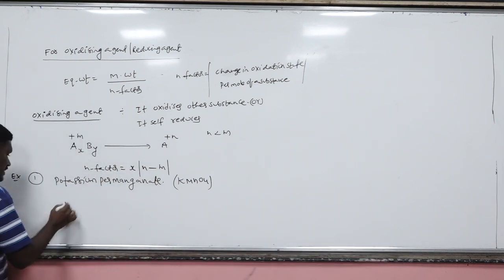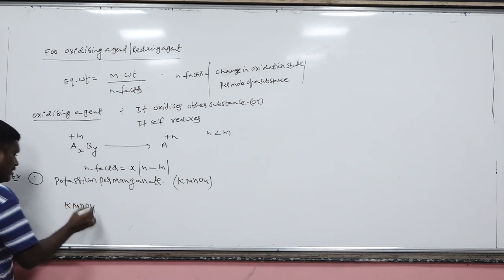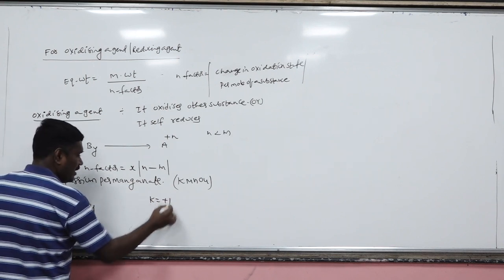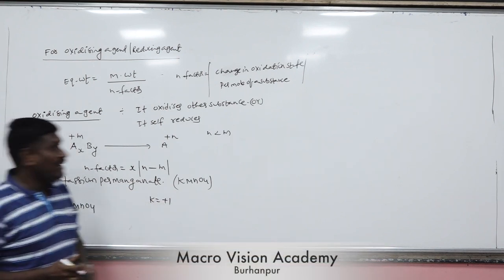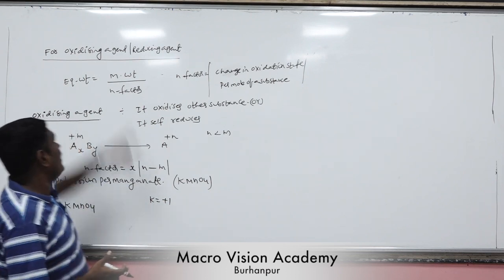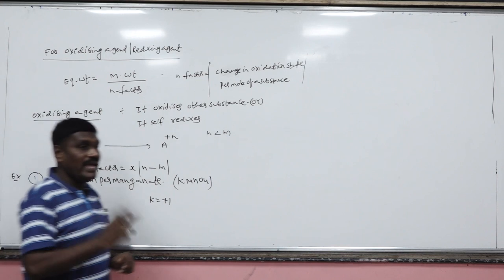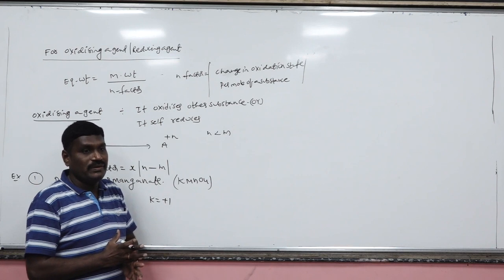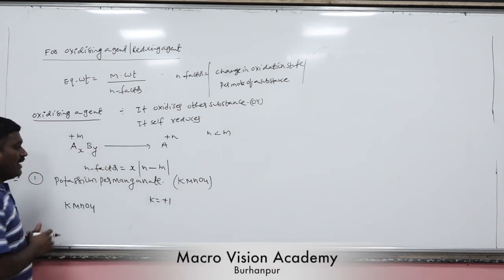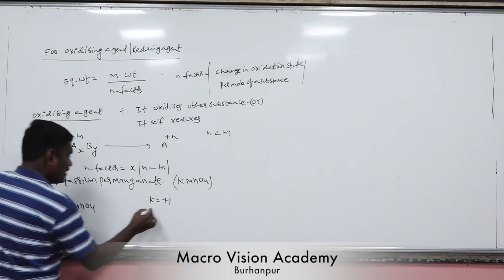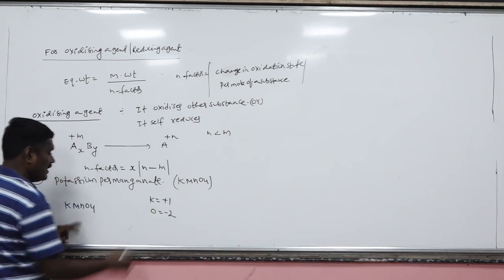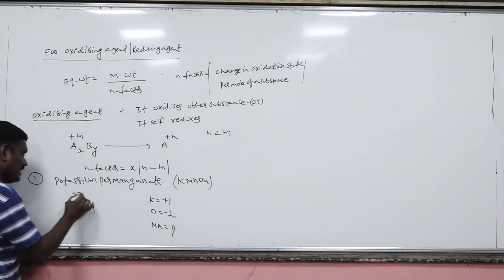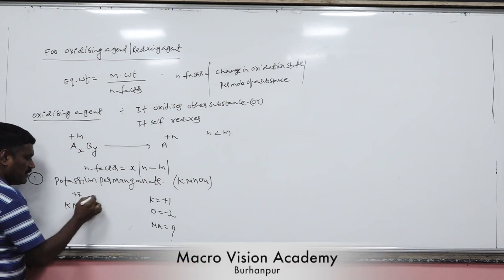Now, in potassium permanganate, potassium oxidation number is +1 because it is an alkali metal. Remember, whenever we are calculating the N factor, especially for oxidizing and reducing substances, we have to practice the calculation of oxidation number. First of all, watch the oxidation number video. Then you come to N factor calculation. Okay. Now, oxygen oxidation number is -2. Then we have to find out the manganese oxidation number. So manganese oxidation number becomes +7. How? Each oxide is -2, so total -8.